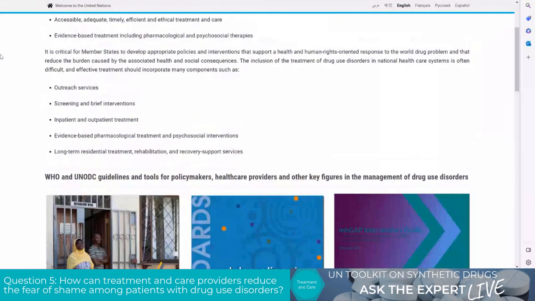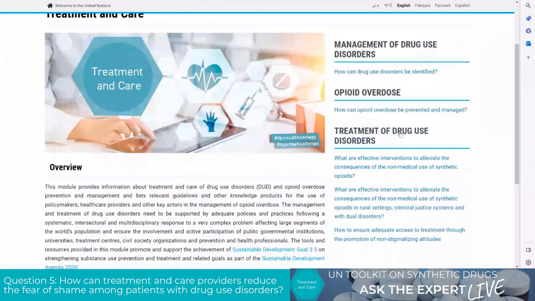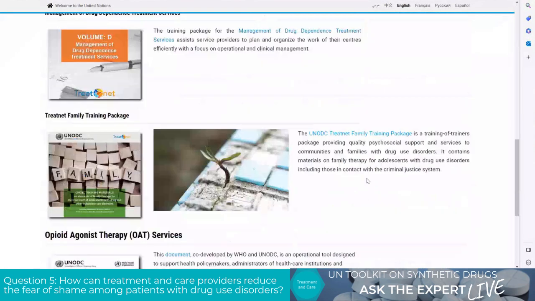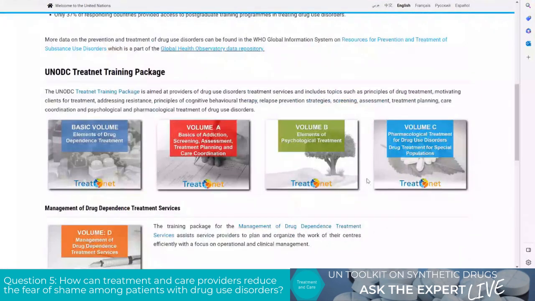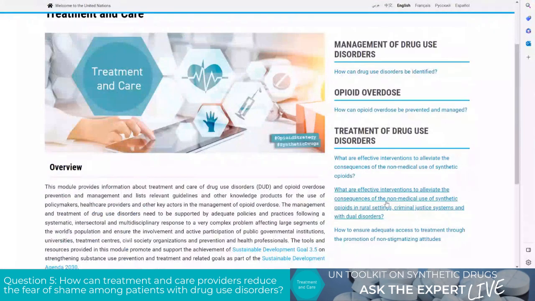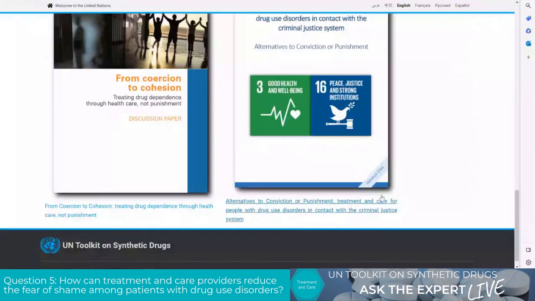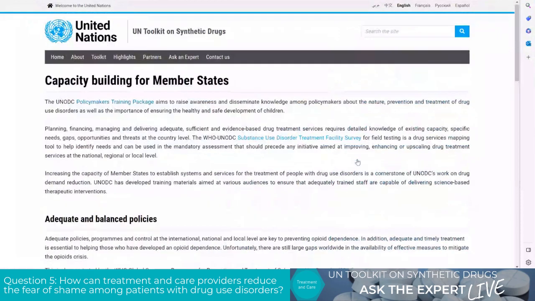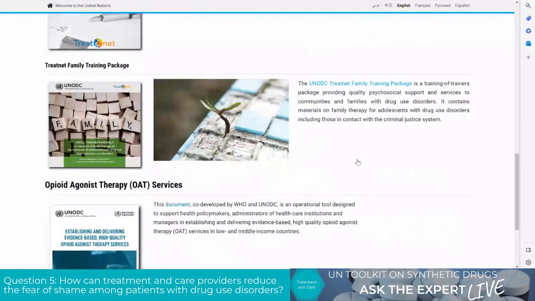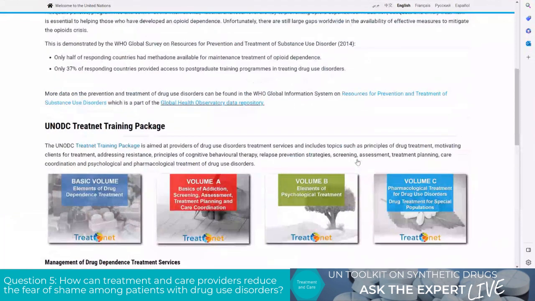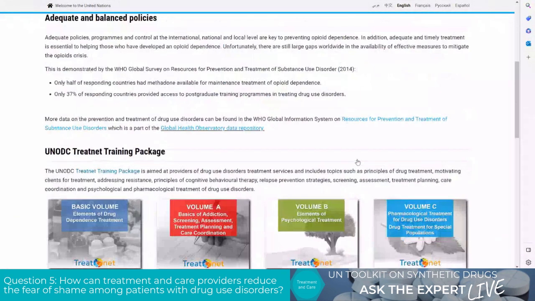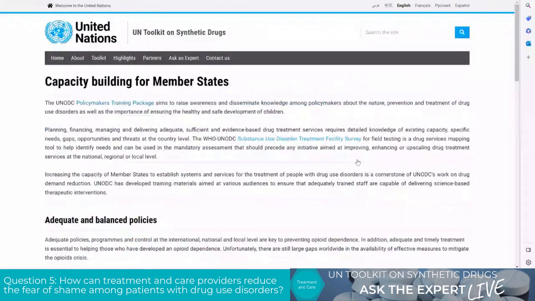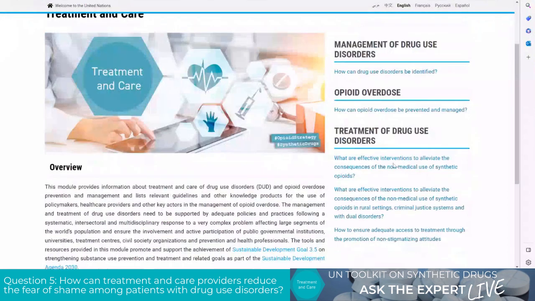No, it's not. Maybe it's here. No. I believe it's under the capacity building question, which is the first question under treatment of drug use. I don't see it. I know that it's there.